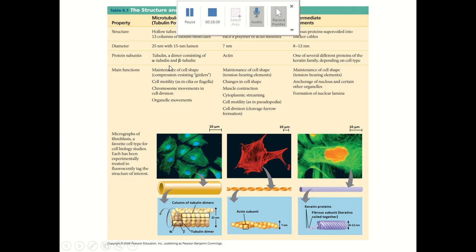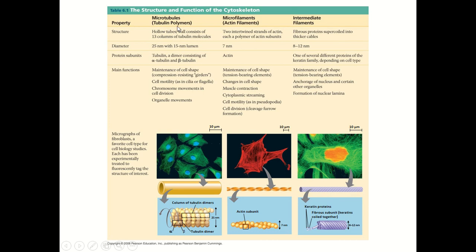So let's look at the structure of the microtubule, the thickest one. It contains tubulin dimers consisting of alpha and beta tubulin. Its diameter is about 25 nanometers, and it has a hollow tube here.